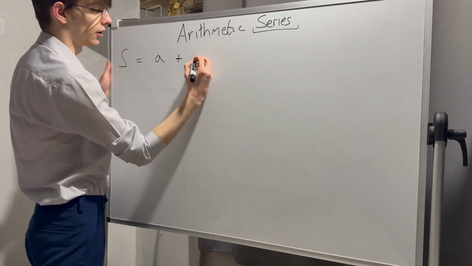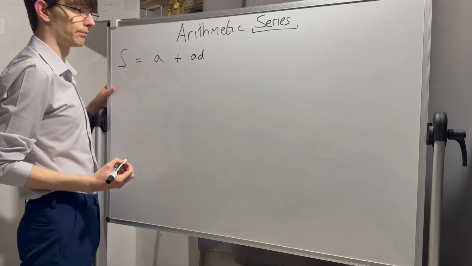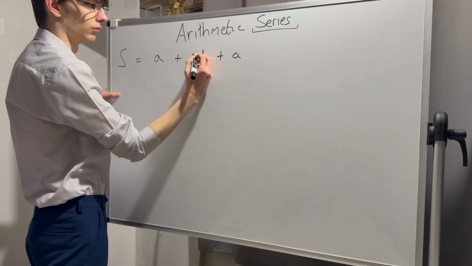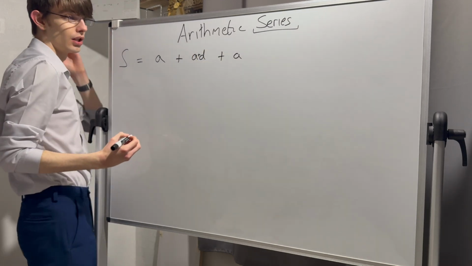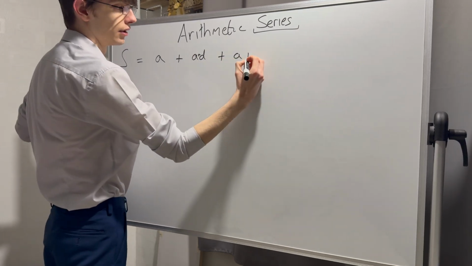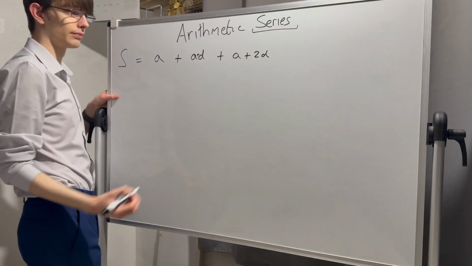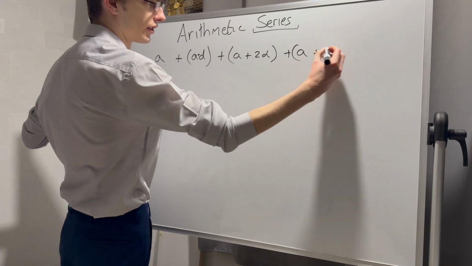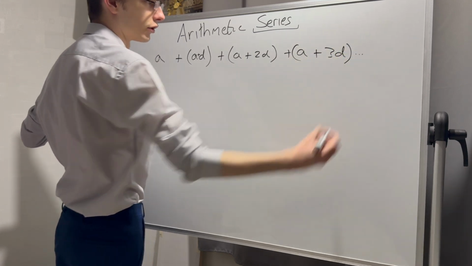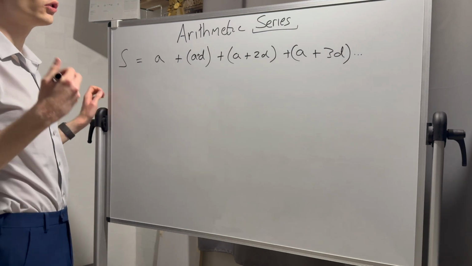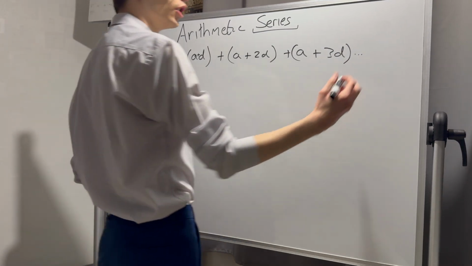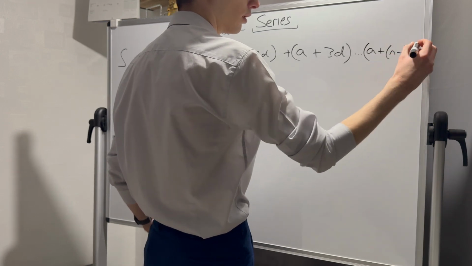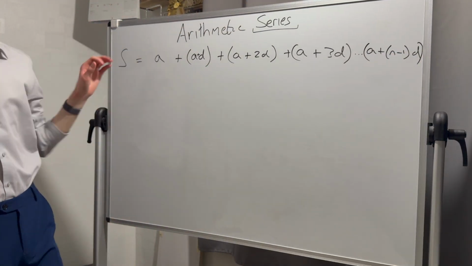And if you remember, that number is D. And then the next one is A plus 2 times that difference, keep this bracketed, (A + 2D), plus A plus 3D, and so on. And the final value that I'm going to be interested in will be A plus (N minus 1)D. Running out of space there. This is just proof from the last video.